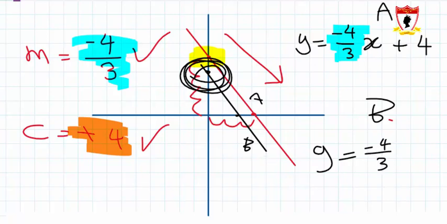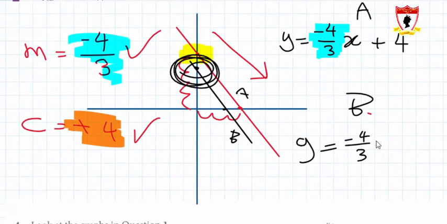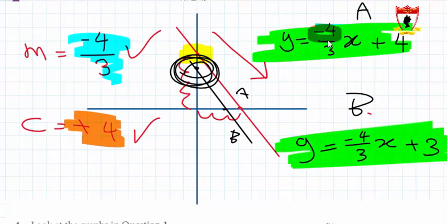And line B on the y-axis passes through 3, so it is negative 4/3x plus 3. So these two lines are parallel. Why? Because they have the same gradient. What varies is only the y-intercept.